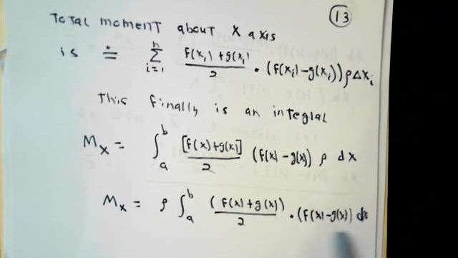This factor, f of x minus g of x, is no surprise to us. It's basically the area after you get done multiplying by the delta x, and this is the additional factor I have to put in order to calculate m sub x.